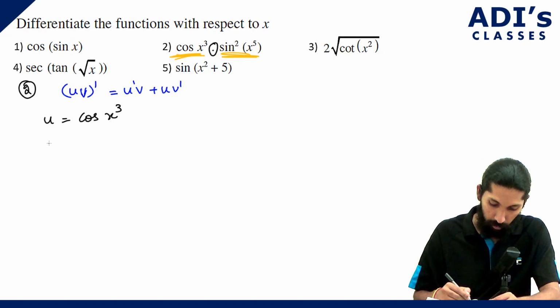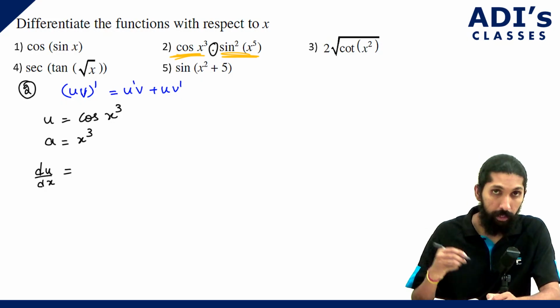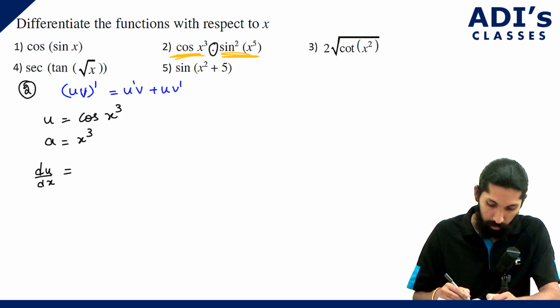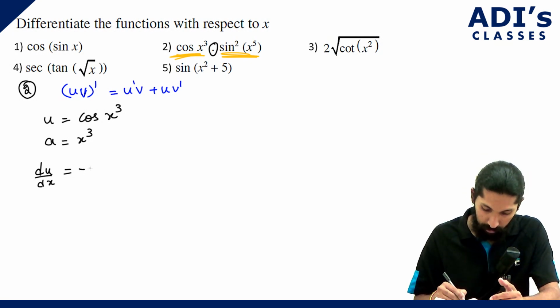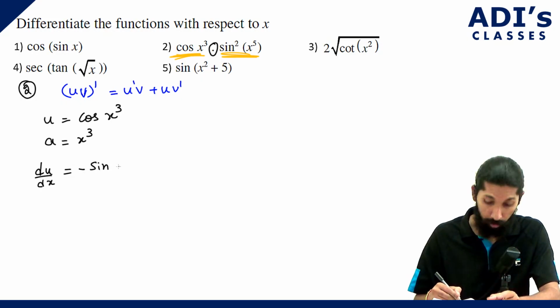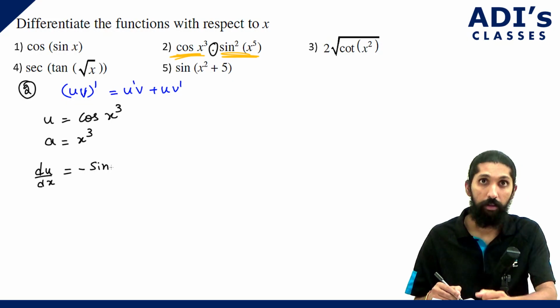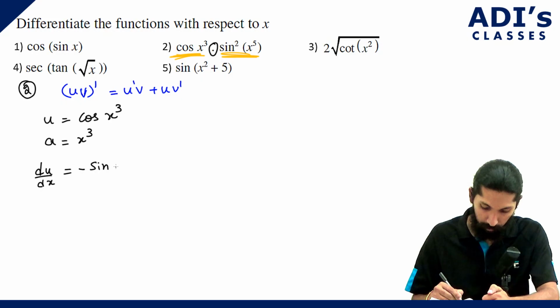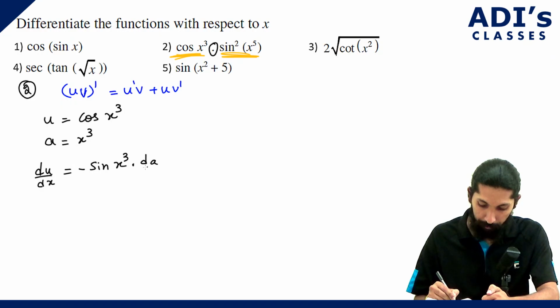Let's make it like this: u is cos x cube. So let's say a is equal to x cube. Now what is du by dx? Now du by dx is going to become, so the cos is going to become negative sine, minus sine of the function, which is x cube, into da by dx.